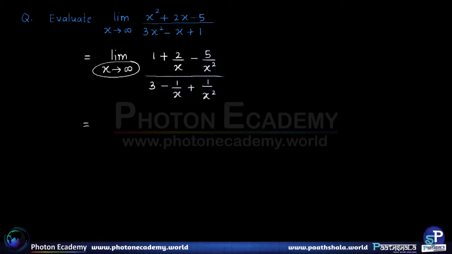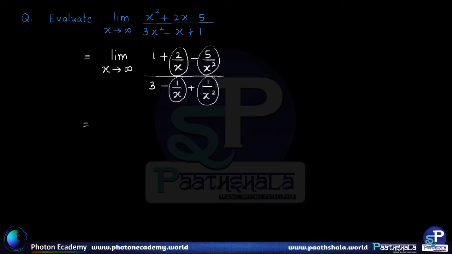As x tends to infinity, 2 upon x, 5 upon x square, 1 upon x and 1 upon x square, all these 4 quantities will reduce down and approach 0. So in the limiting condition we have 1 plus 0 minus 0 whole upon 3 minus 0 plus 0.